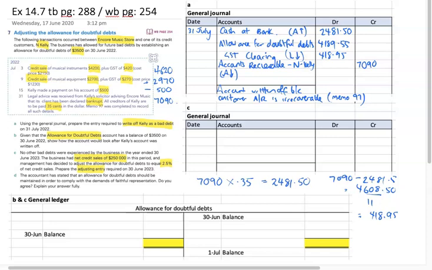We now, in B and C, need to think about what our general journal would look like. So let's think about what our general ledger for allowance for doubtful debts would look like. Let's think this through. We've been given a few hints here. We know that on the 30th of June, we created an allowance for doubtful debts, $3,500. This was a way to reduce our assets.